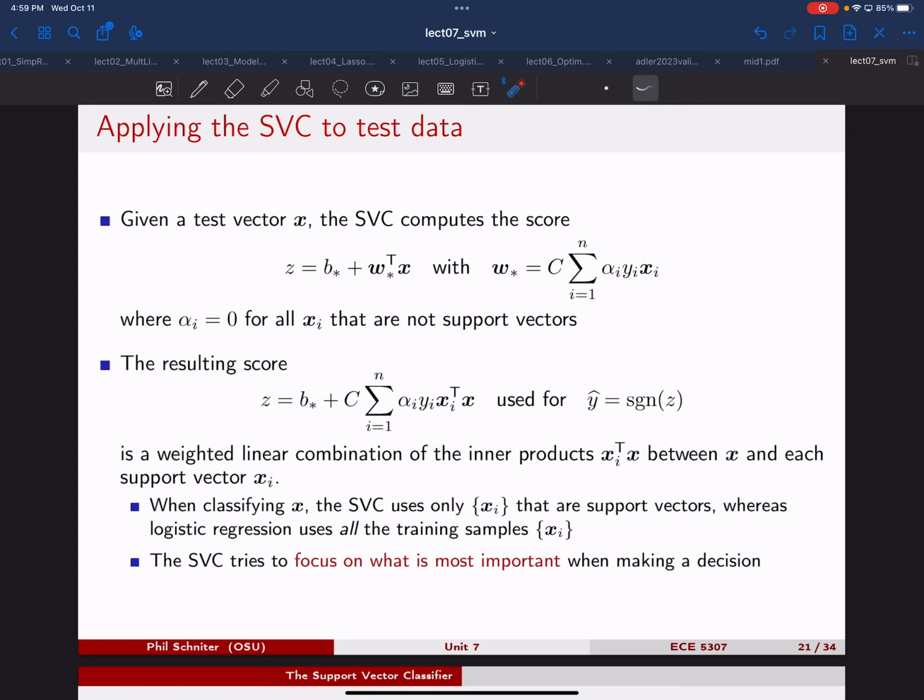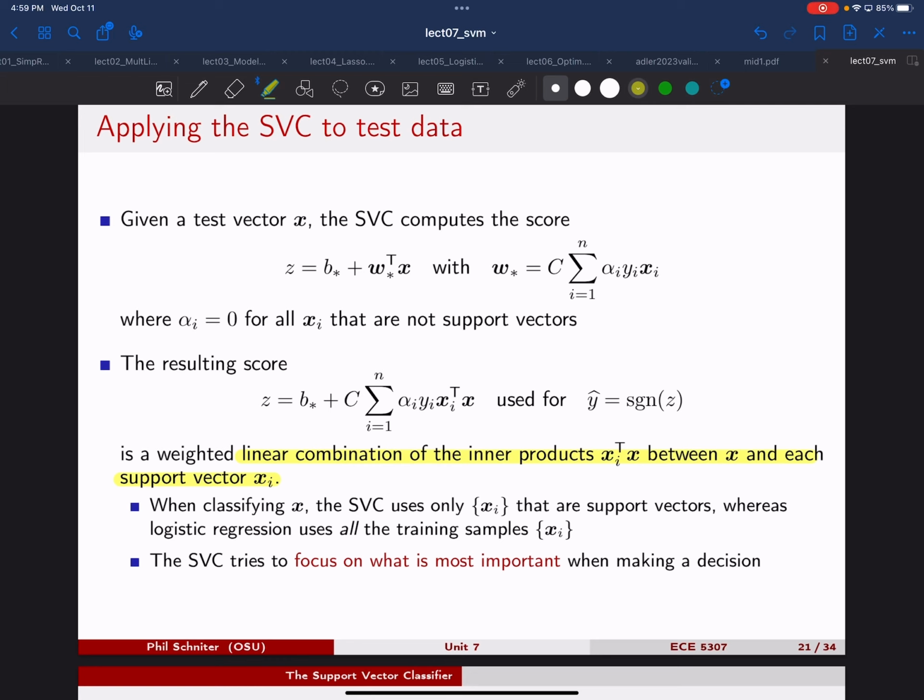It's like you're doing some kind of comparison of the support vectors and your test vector, and then you're combining those according to the labels yi and these numbers alpha i. So it gives you a sense of what's actually happening when you're doing the classification. It's a linear combination of the inner products between x and each support vector.